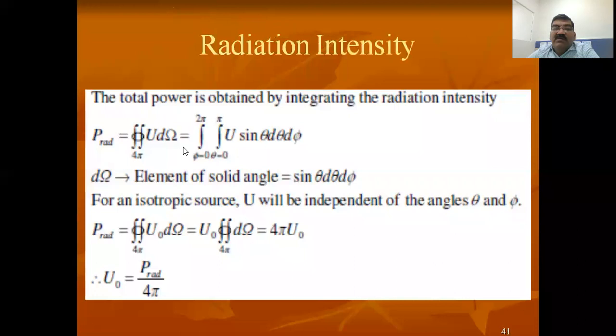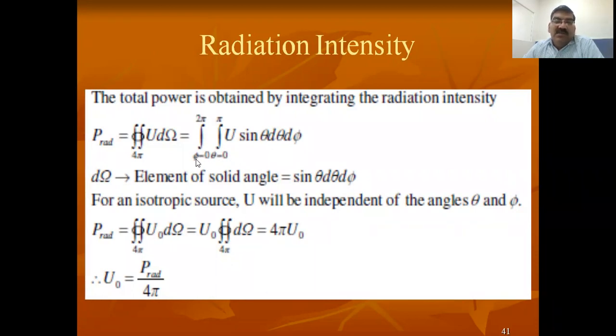The total power is obtained by integrating the radiation intensity. So P radiated is given by this. We take a sphere, because we are considering radiation in all directions. P radiated equals the integral of phi from 0 to 2 pi and theta from 0 to pi.